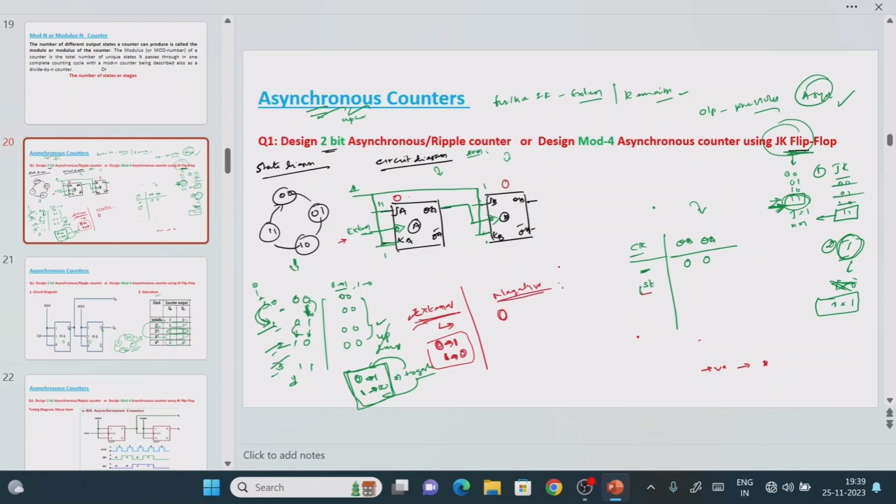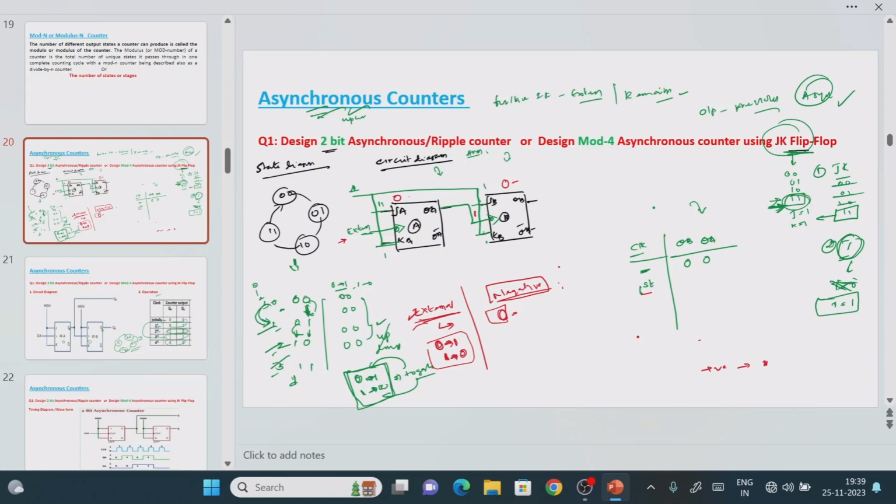It means a negative edge changes the output value of the flip-flop only when it detects 0. If it detects 0 and the value here is 0, it will change to 1, or if the value is 1, it will change to 0. But if it detects 1, the value will not change. If 1, it stays 1, if 0, it stays 0.